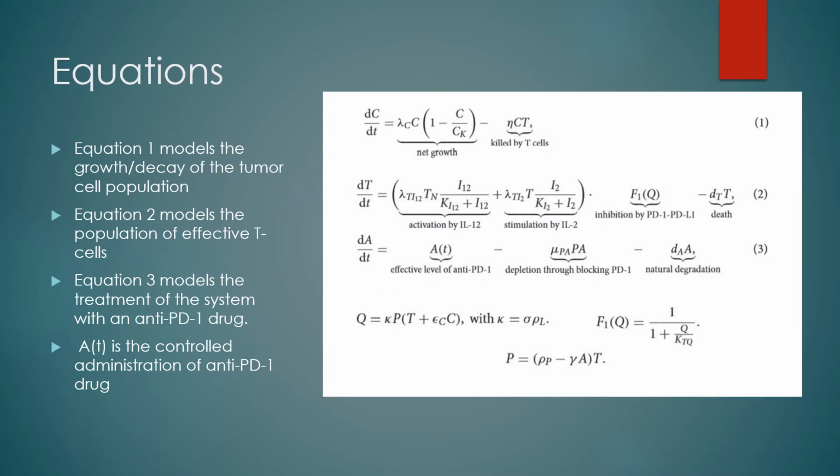Then a component that measures the depletion of anti-PD1 drug levels through their successful blocking and the natural degradation of those drug levels over time. And that equation models the amount of anti-PD1 drug in the system.